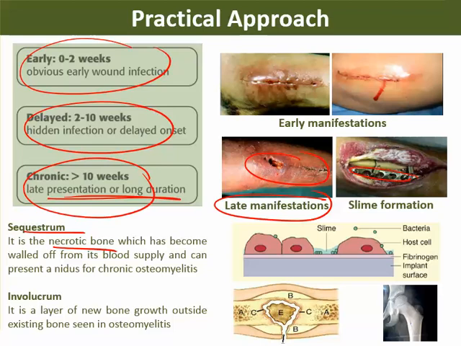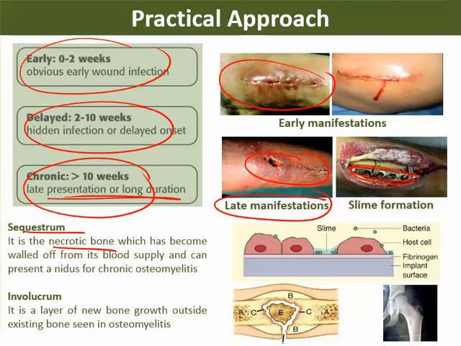Whenever there is an open injury or a fracture, there is a high chance of direct contamination of the wound, direct infection of the bone. So this individual had an infection. They gave a high dose of antibiotic and treated the fracture with the metal, and after a few weeks they saw the surgery site was swelling.